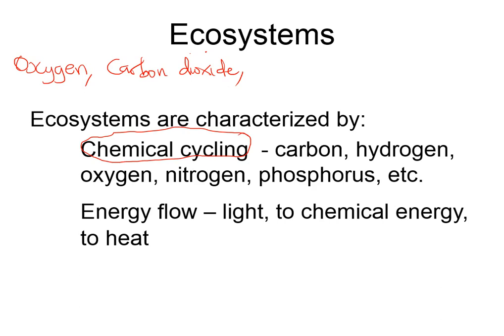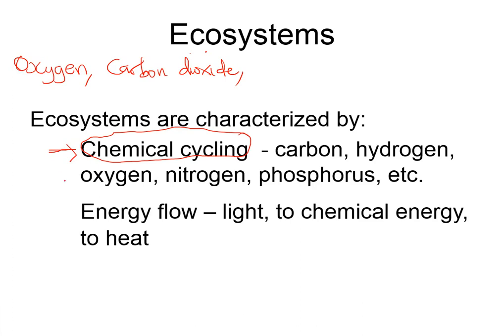The same with the phosphorus cycle, which provides nutrients to the ecosystem, and as people we use that. So if someone asks you what the ecosystem provides to humans, the first thing you say is it provides chemical cycling, and you give the examples. We have the carbon cycle, hydrogen cycle, oxygen cycle, nitrogen cycle, and phosphorus cycle.